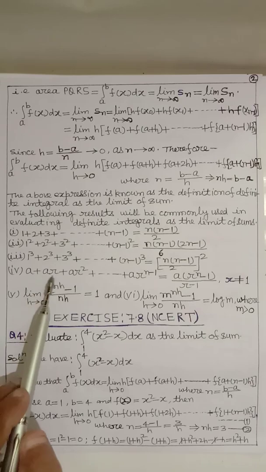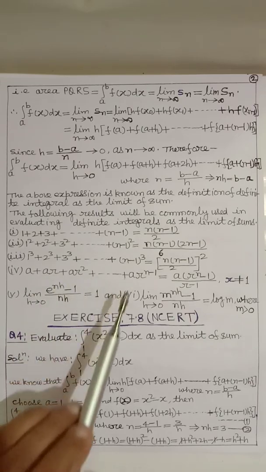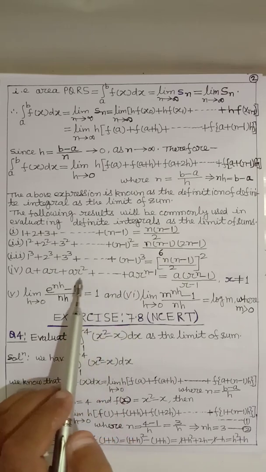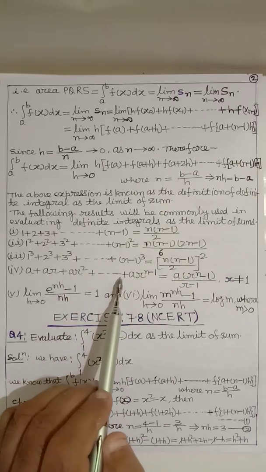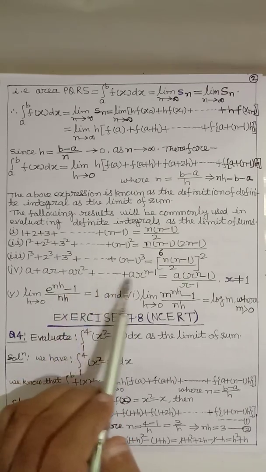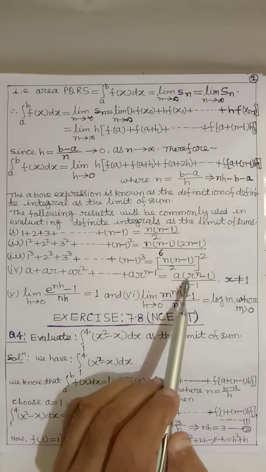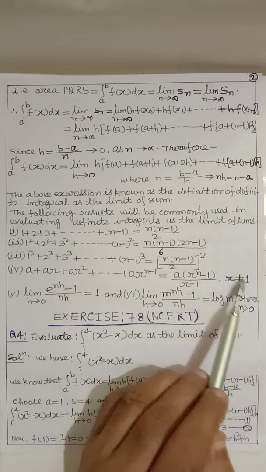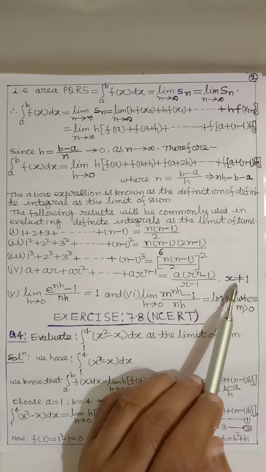Fourth, a plus ar plus ar square plus and so on plus ar to power n minus 1, and this is a geometric series. In that case, the sum is equal to a into r to power n minus 1 by r minus 1, with the condition that r not equal to 1.